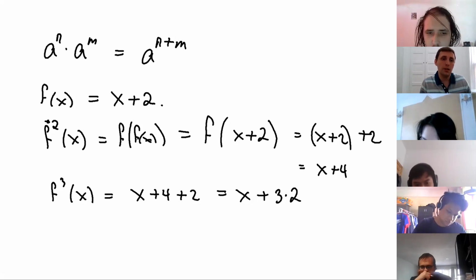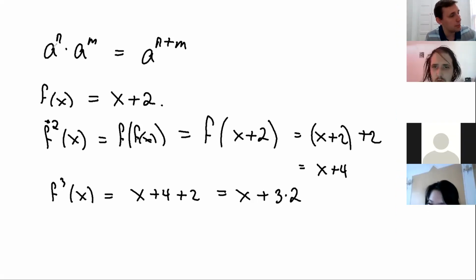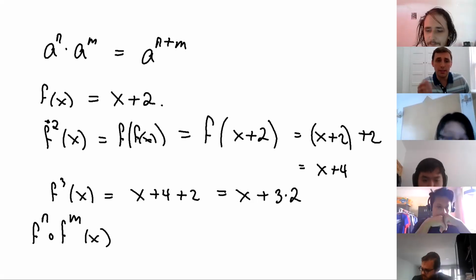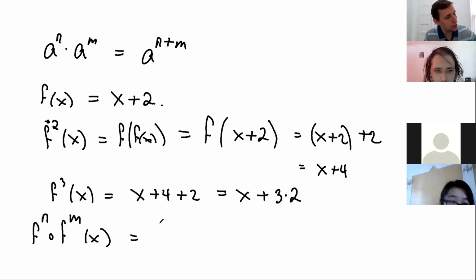Good. And so, guys, you notice that similar to those numbers, there is this situation. If I have f n composed with f m of x, in other words, what this means is that the function that is the result of f eating itself n times, composed with f eating itself m times, will also have this exponent property, which is f n plus m of x.